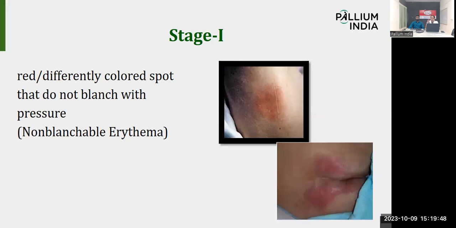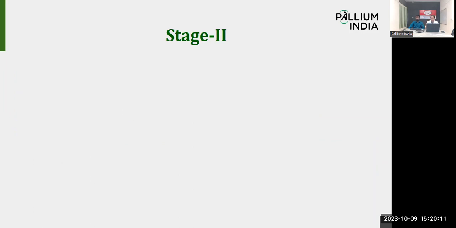Normally when we press, the redness disappears. But in this pressure sore area, when you press it, the redness will not go. And we should not rub that area, because if you rub, the skin will be torn off, right? So the first stage is non-blanchable erythema.